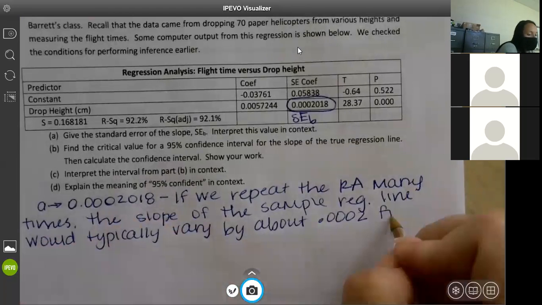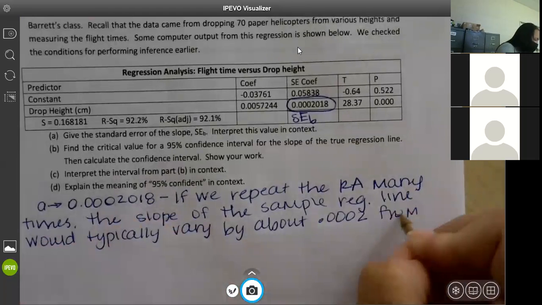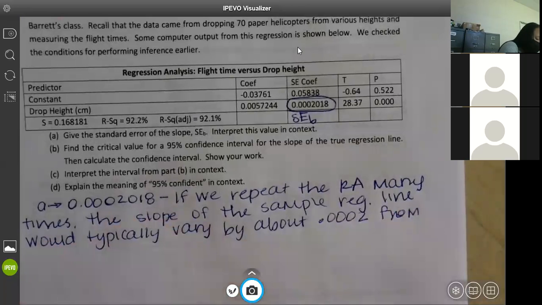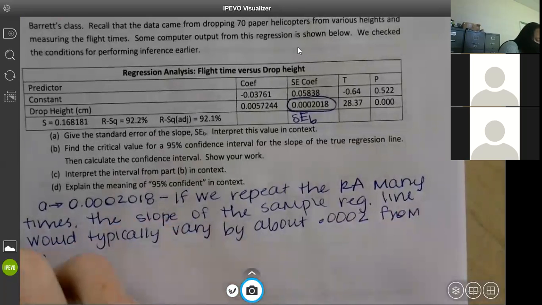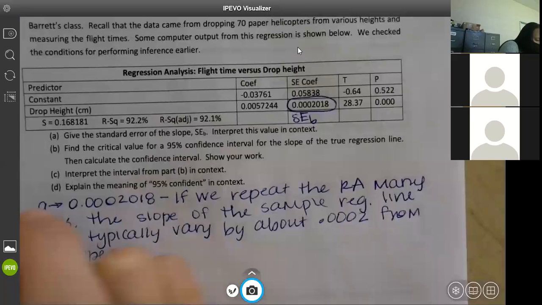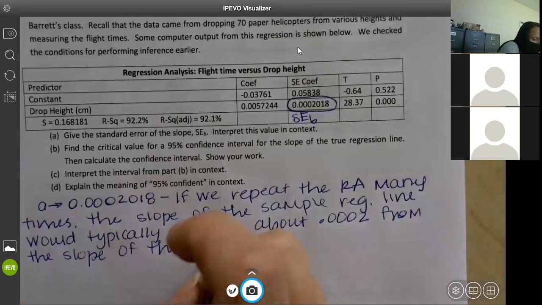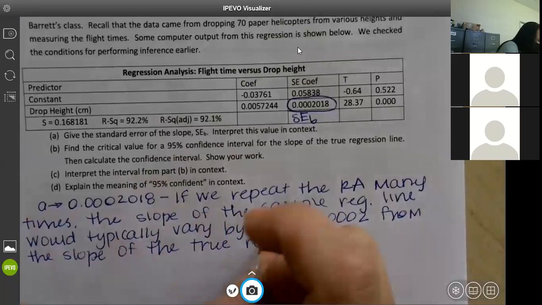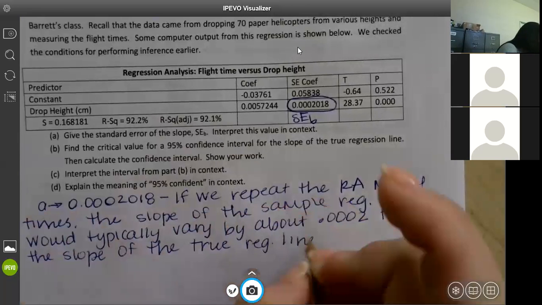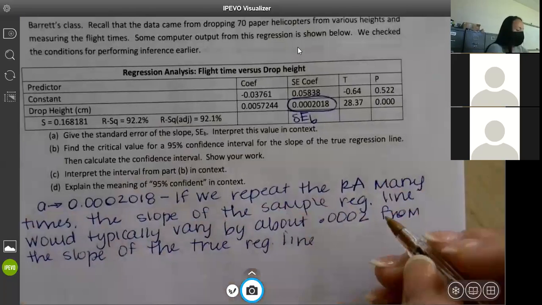And this is a long definition from the slope of the true regression line. Predicting flight time from drop height.